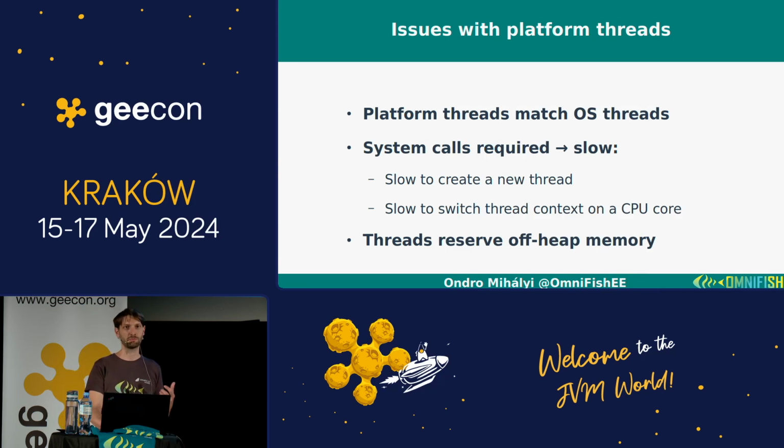And another thing about threads is, by design in the operating system, how they work with memory. Every time you create a new thread, the operating system reserves some amount of memory for that thread, for the stack trace actually. When you call a method and another method, to remember which method was called before, which arguments it had, and all the local variables, it needs to store them somewhere.